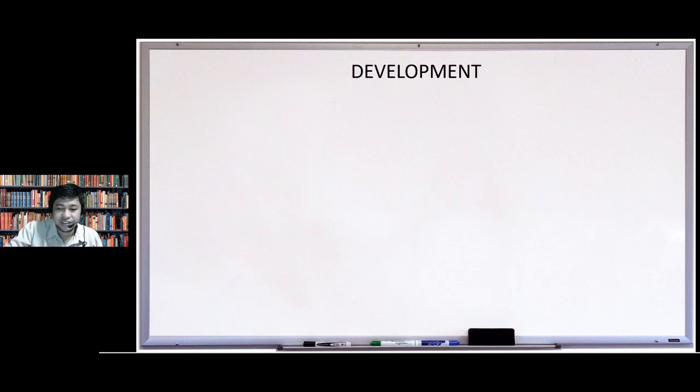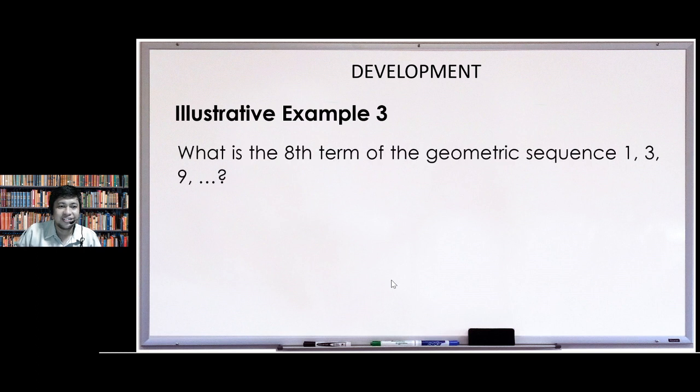So let us proceed with our illustrative example number 3. What is the eighth term of the geometric sequence 1, 3, 9, and so on? Primarily, we must be able to identify what is the first term, what is the common ratio, and what is the value of n. Okay?